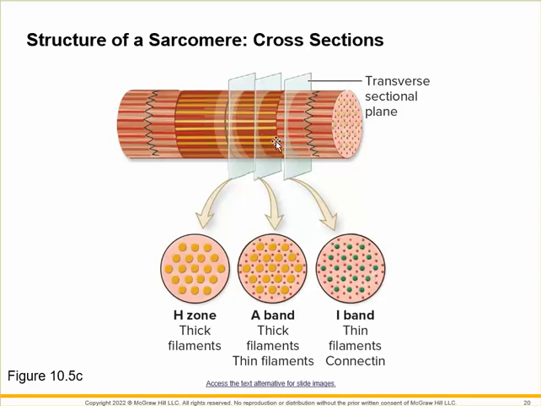So A band from here to here with an H zone in the middle and an M line. I band from here to here with the Z disc in the middle. Like that.